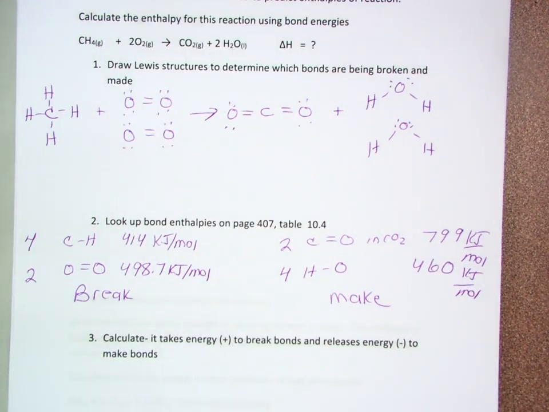So when we think about bonding, it takes energy to break a bond, so that's a positive energy. When we make a bond, energy is released. And when we release, it's negative, it's exothermic.